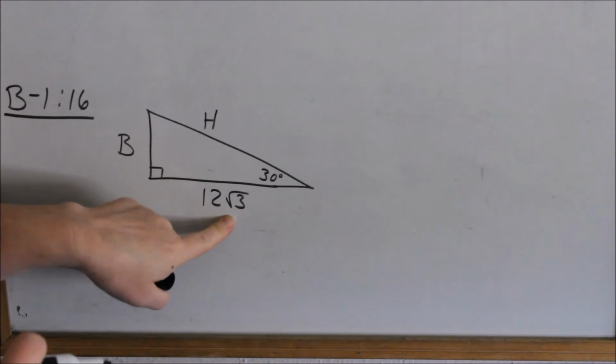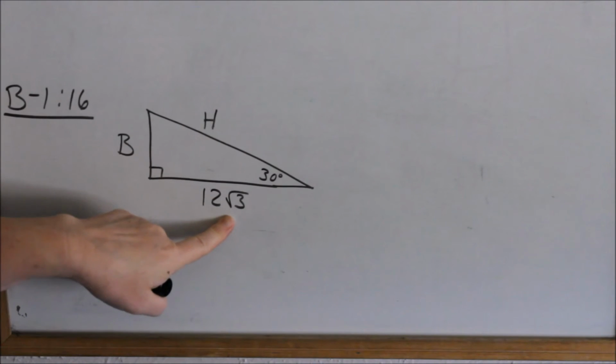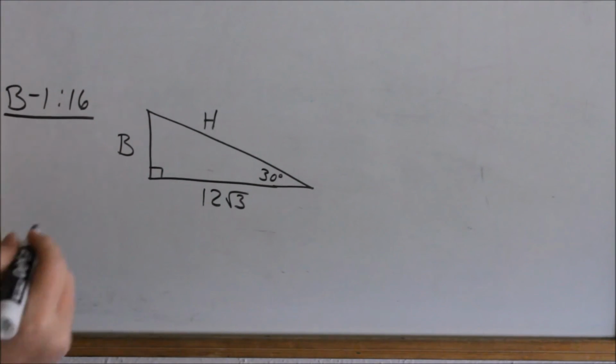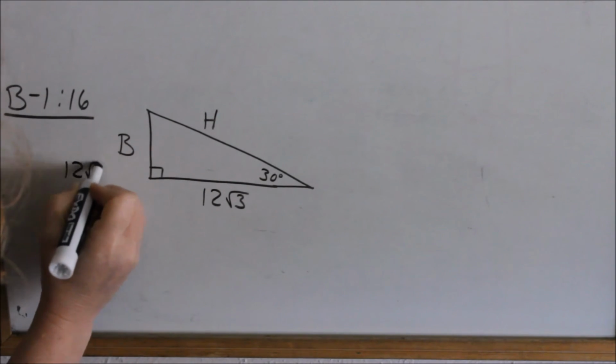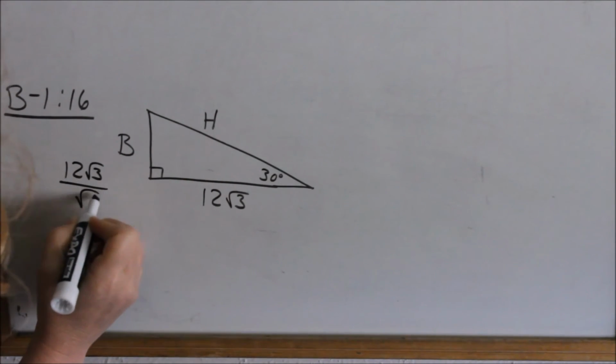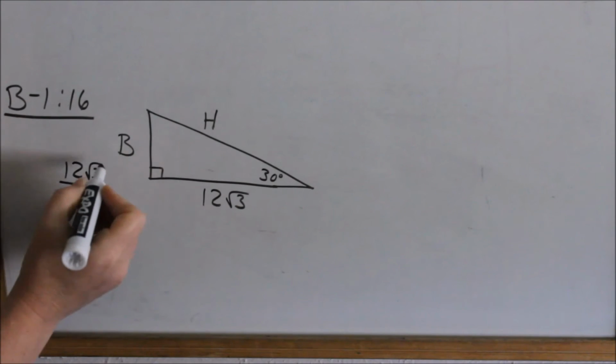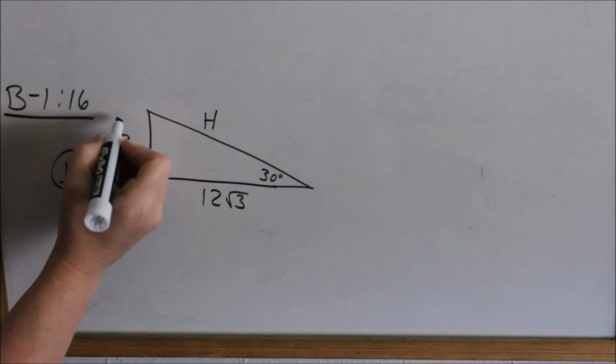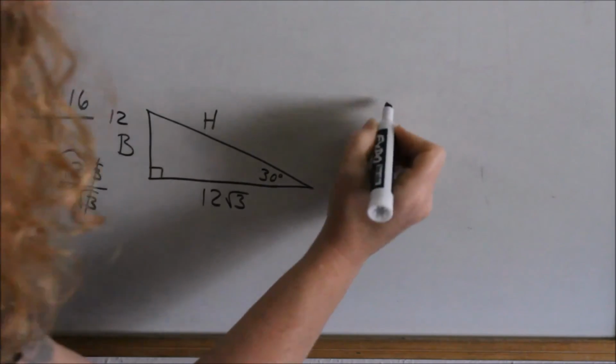If you're given the long leg, to go backwards to the short leg, you need to divide by square root of 3. So in other words, the short leg is the long leg divided by square root of 3. Our square root of 3's cancel, and so therefore all I'm left with is 12. So my short leg is 12.